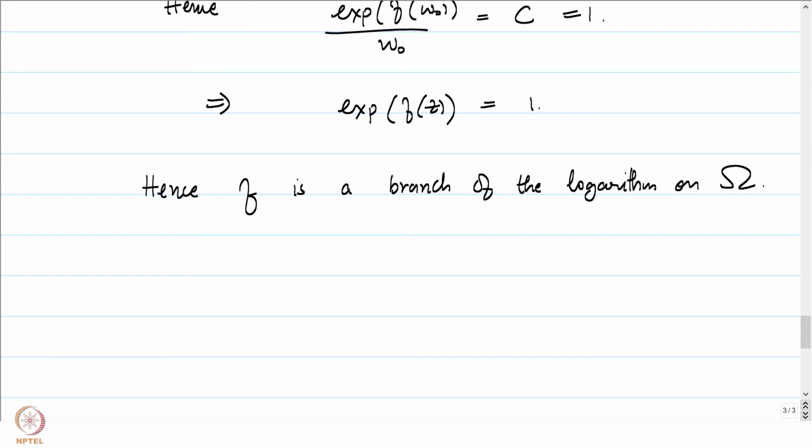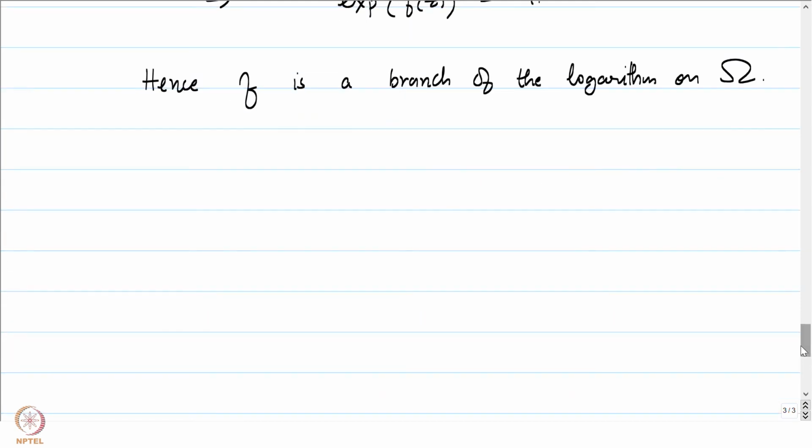So given a simply connected domain omega, we can arrange for a function f which is a branch of the logarithm, namely a function f which satisfies the condition that e to the power f of z is equal to z. Let's now look at a few examples.